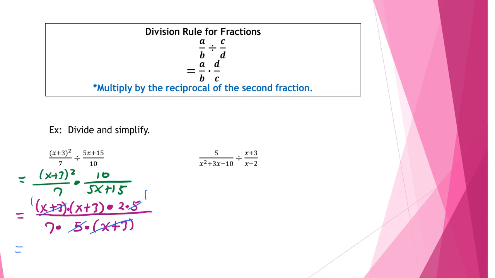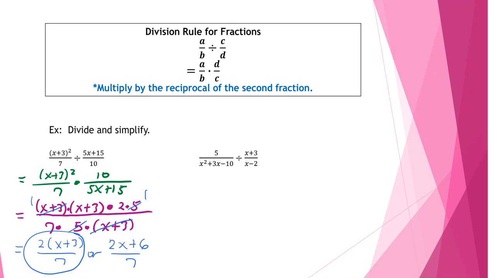What I see in the numerator is 2 multiplying with x plus 3 and then over 7. Sometimes this is fine, or if you want, you can distribute back out the 2 with the x and the 3, so 2x plus 6 over 7. Those are both acceptable to me. I think it's really whatever your preference is.